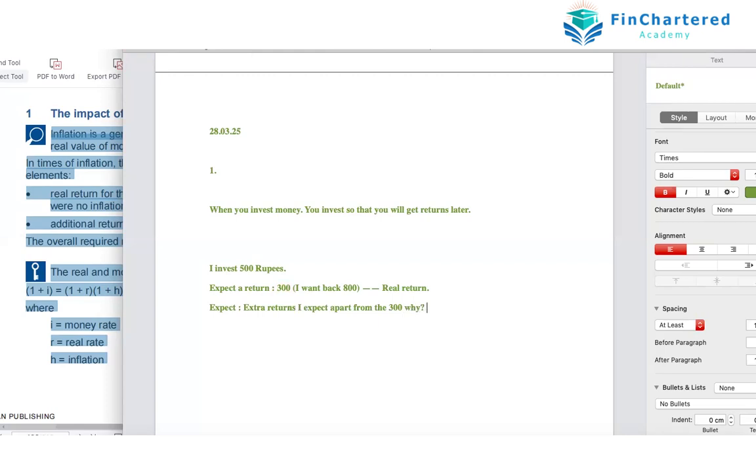Why? 300 is what I want to earn, yes, but apart from that, I want some extra money. No, Kittu, profit is 300, no? The real profit that I'm expecting is 300. But apart from that, I also want another return.